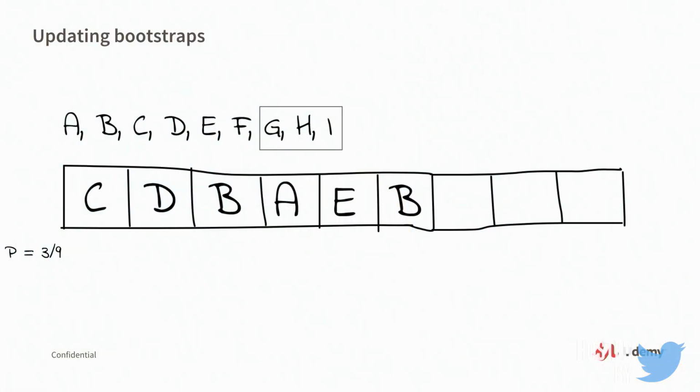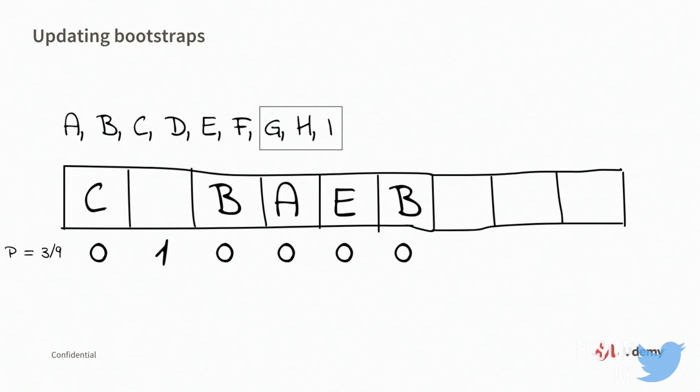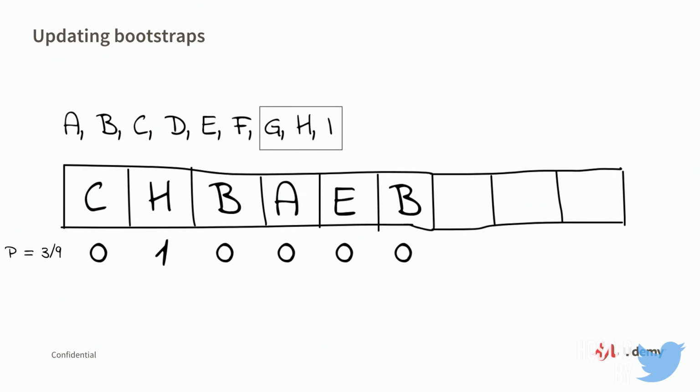So we can conduct a Bernoulli trial at each slot in the sequence to see whether or not we would have actually chosen a new visitor. Let's say that the only success was at the 2nd slot. We replace that with a random draw from our new set of visitors, and then for the remaining 3 slots, we just draw from the full data set, from all 9 visitors.